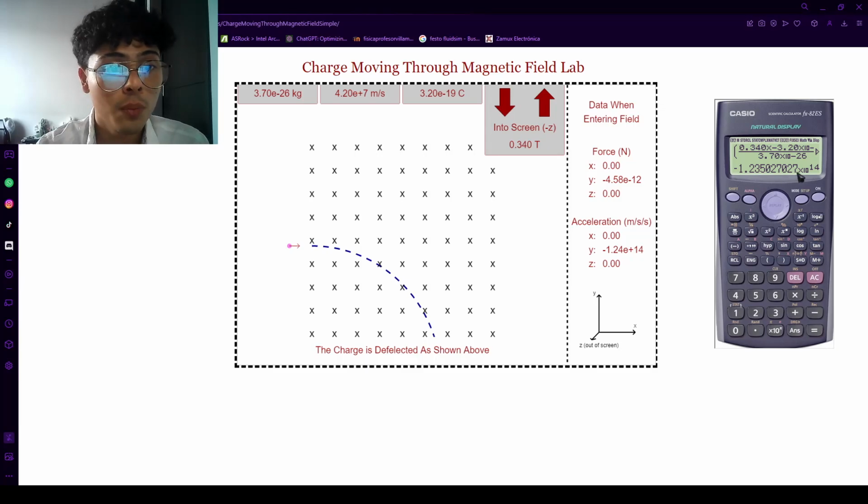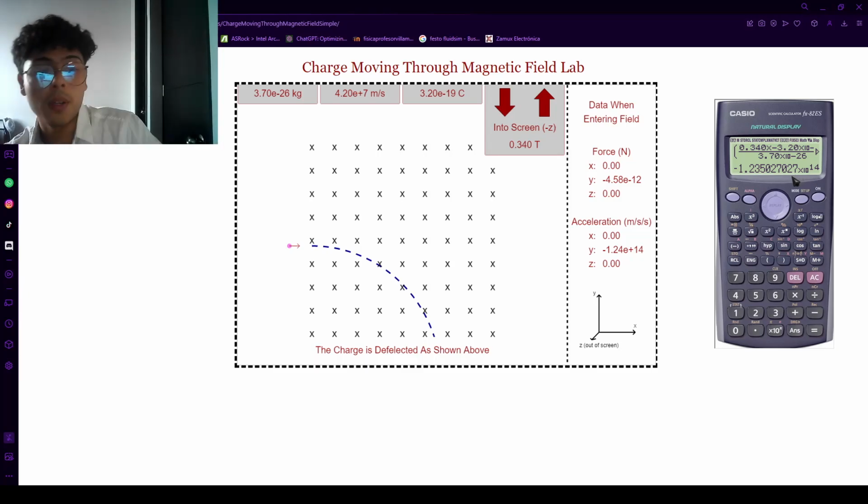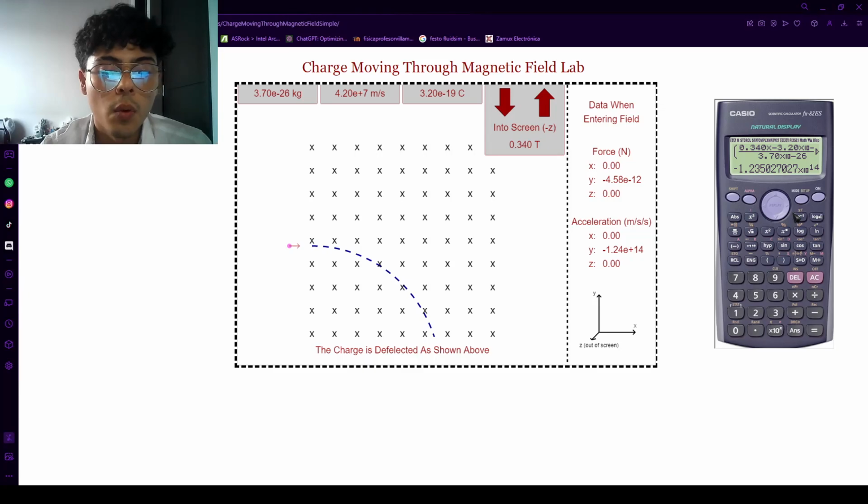Now for the force, we will multiply the mass by the acceleration. We use the calculator with the previously obtained acceleration result and multiply by the mass.